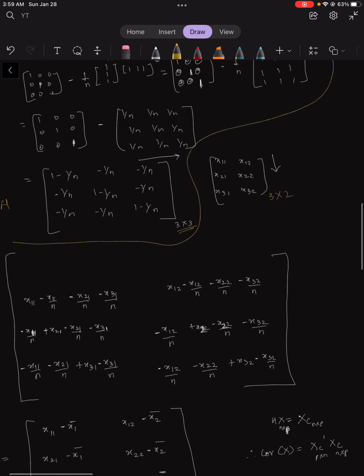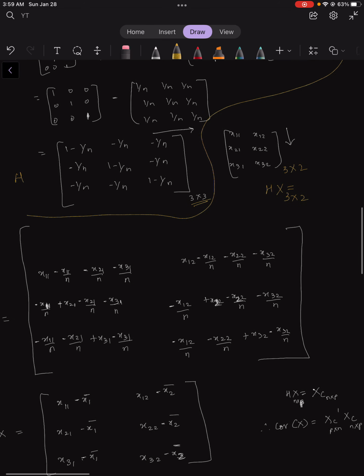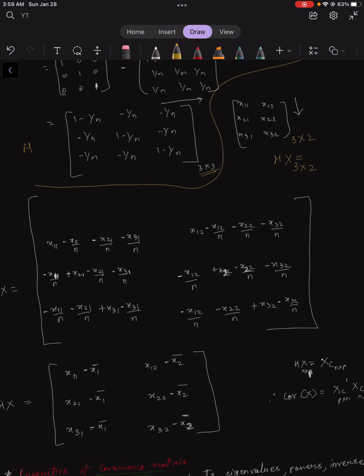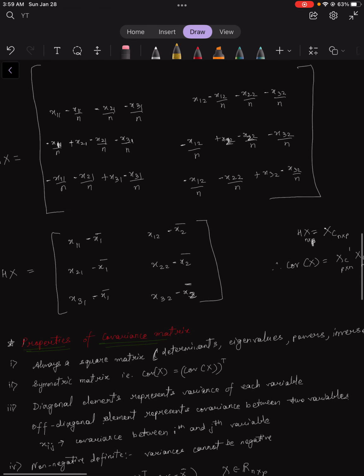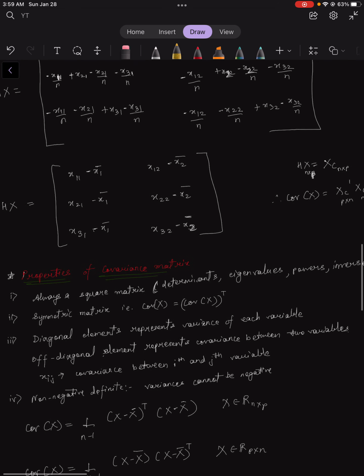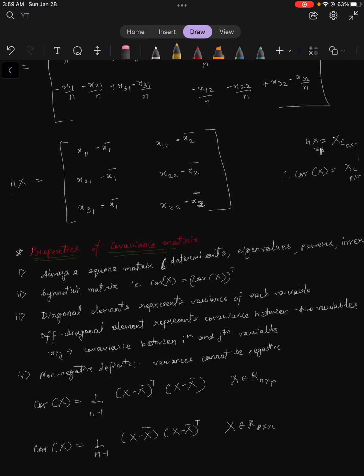So in this case we will multiply X with H just to make sure that the dimensions are consistent. Therefore HX will be of dimension 3 by 2. After calculating H, we multiply X with H to keep the dimensions consistent, and thus we get the centered data. HX is nothing but the centered data. Once you have the centered data, the remaining process to calculate the covariance matrix is the same.